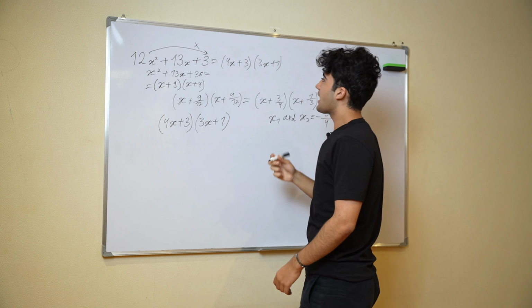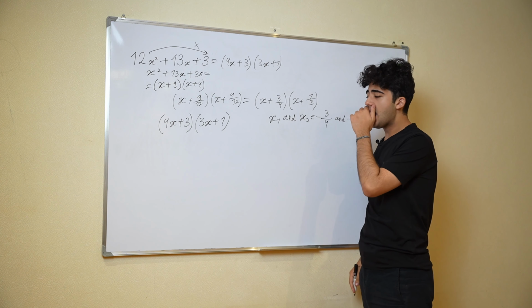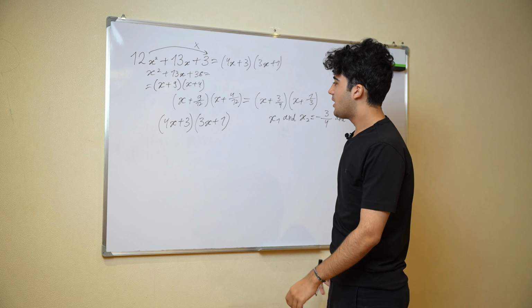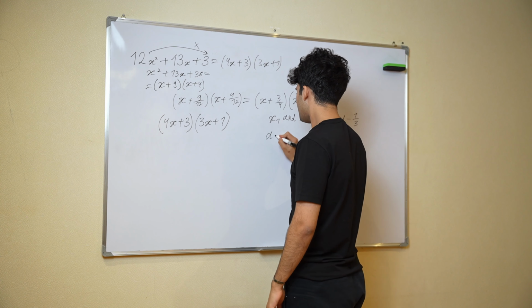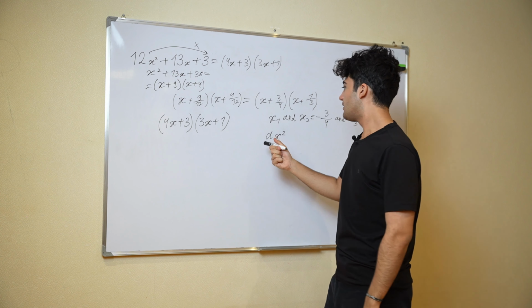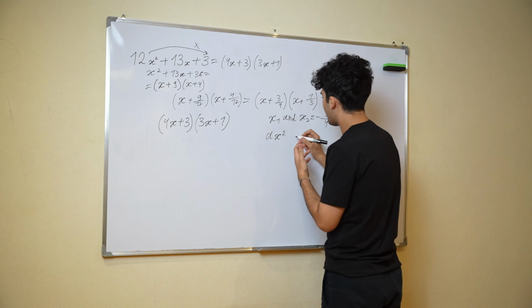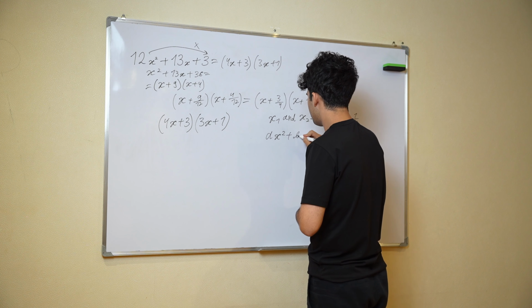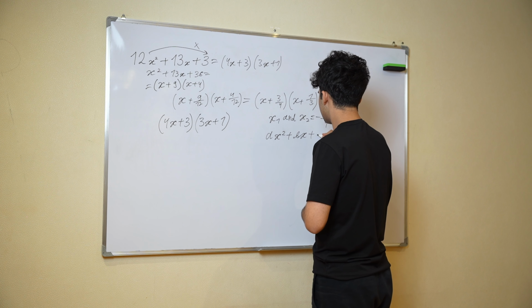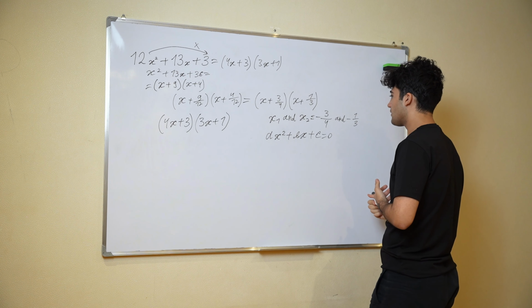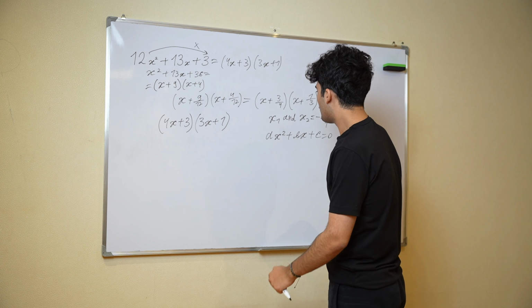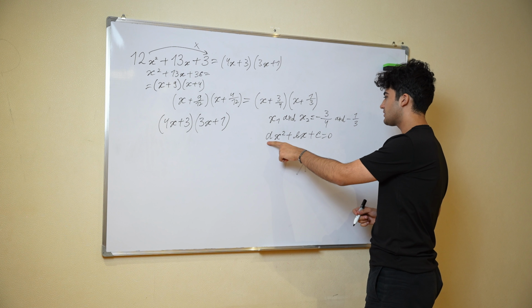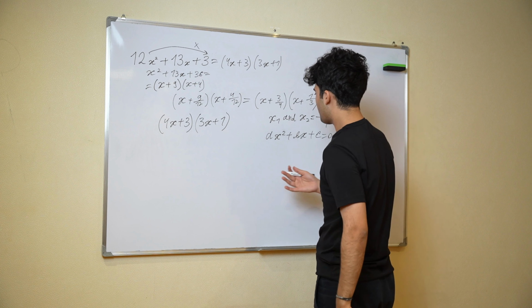And let's see how and why it works, right? So basically, let's say we have the normal quadratic equation, ax squared plus bx plus c equals 0, okay? What is the solution for this equation?